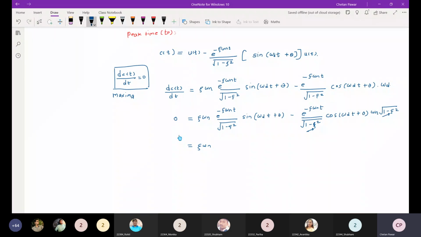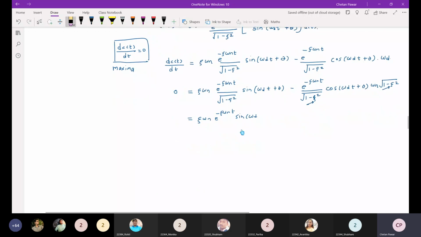Then if I take this. As you know, zeta is cos theta, and what is the sine theta then?